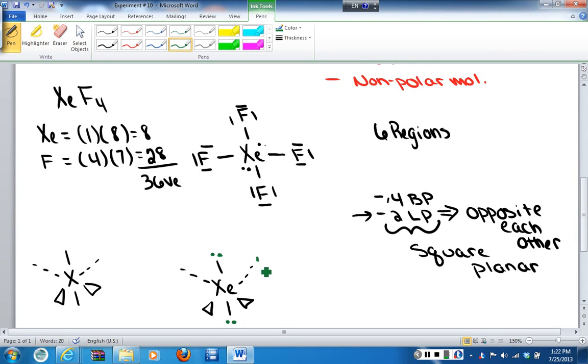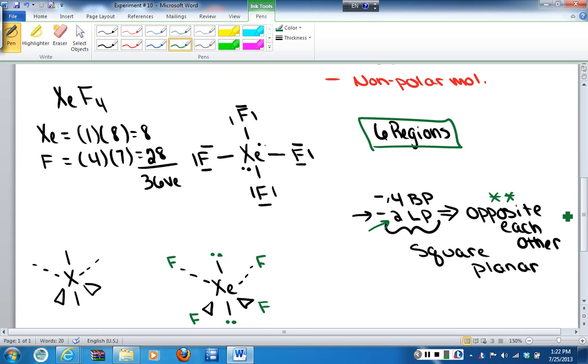And then I stick in my fluorines. And we have now correctly generated the 3D molecule of this structure. So remember, when you have 6 regions of electron density, one lone pair can be placed in any of those 6 positions. However, if you have 2, they must be opposite each other in order to decrease lone pair interactions.